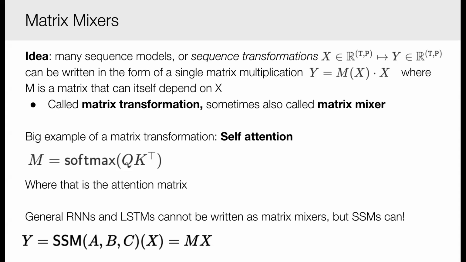One example of a matrix transformation is self-attention, right? M in a normal transformer would just be your softmax of your query and key matrices, and that's your attention matrix. RNNs and LSTMs can't actually be written as matrix mixers, but SSMs can. SSMs are written as Y equals your SSM with your parameters A, B, and C multiplied by X. Essentially you can rewrite SSM of A, B, and C as just M.